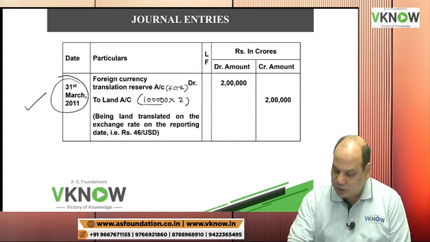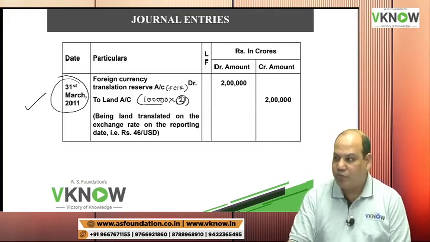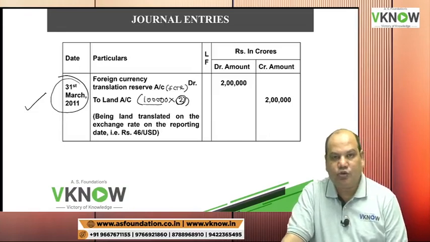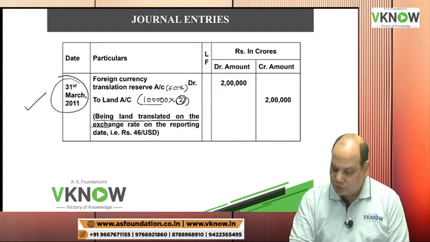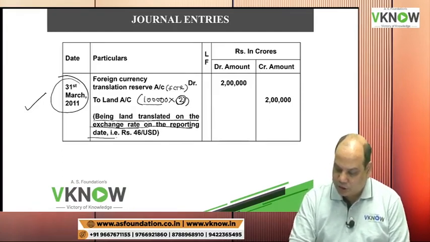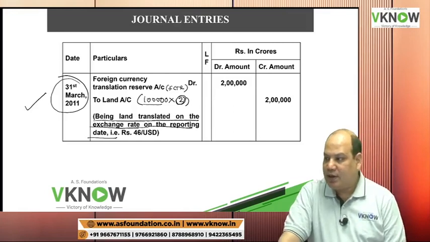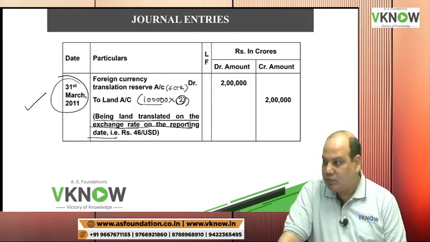Why 2 lakh? 1 lakh into decline in exchange rate by 2 rupees. Value of land will reduce by 2 rupees. Being land translated on the exchange rate on the reporting date.